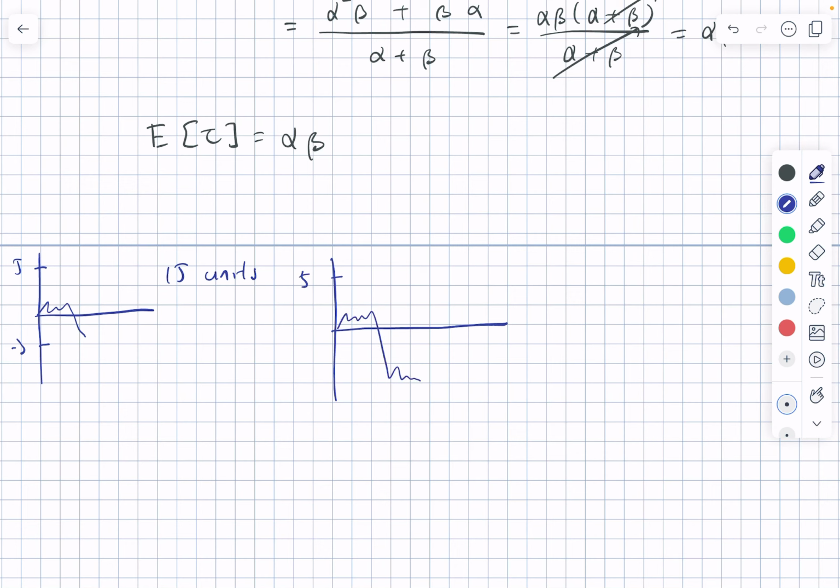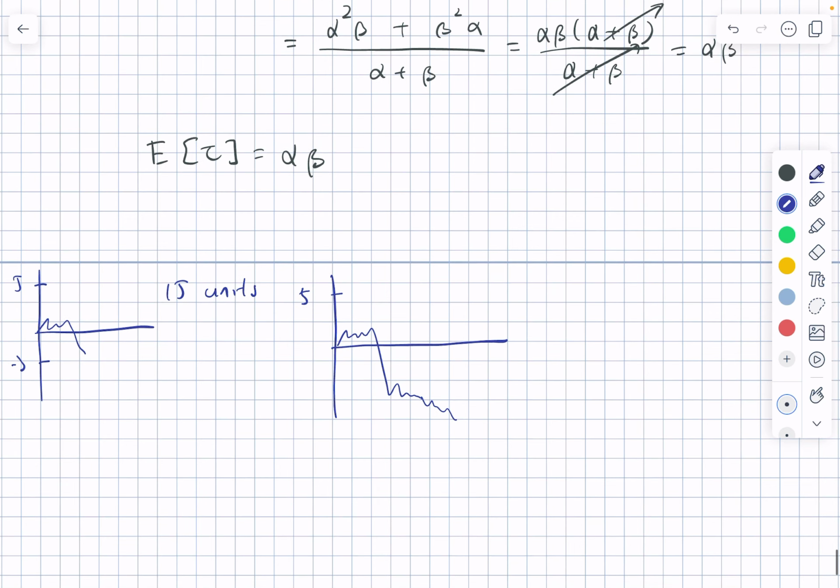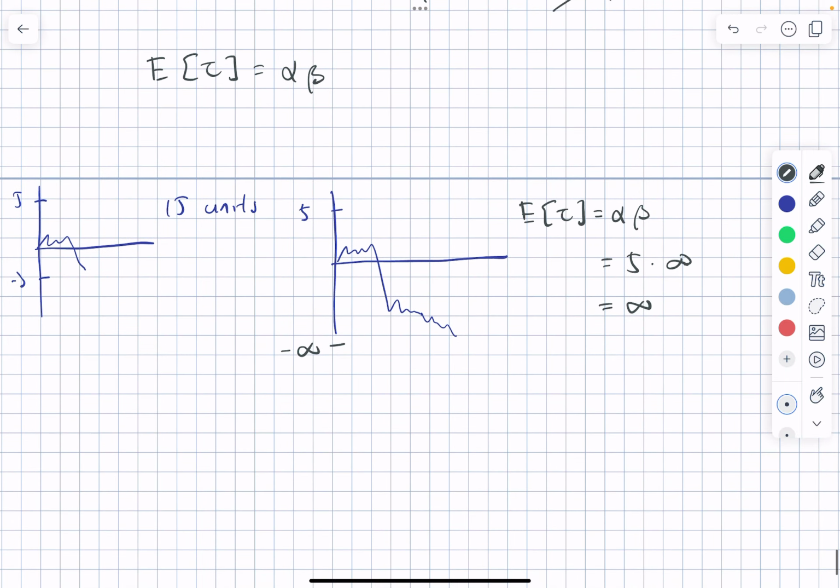Then the Brownian motion can go down infinitely and potentially never come up. Or if we use the equation we got, the expected value of tau equals alpha times beta, we can say the negative bound is going to be negative infinity. So this is 5 times infinity, which is infinity. So we have an infinite expected time for tau.